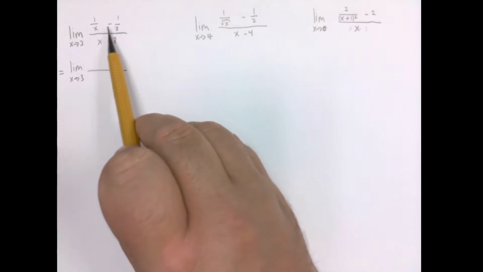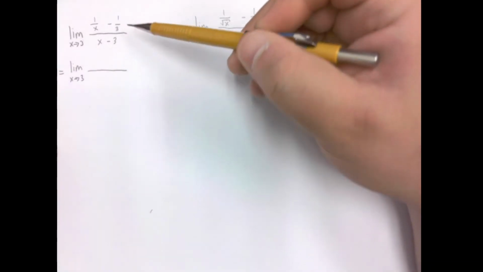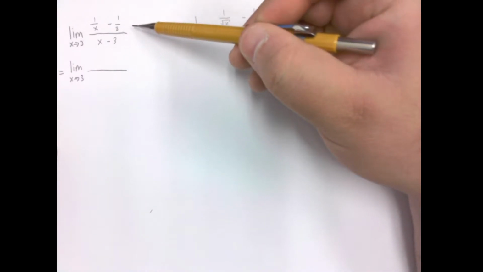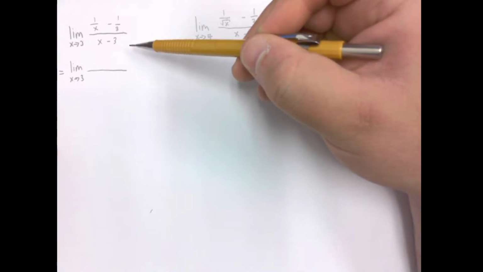The least common multiple of the 2 denominators here would be 3x. So if I multiply the overall numerator and the overall denominator by 3x, that should do the trick for us.